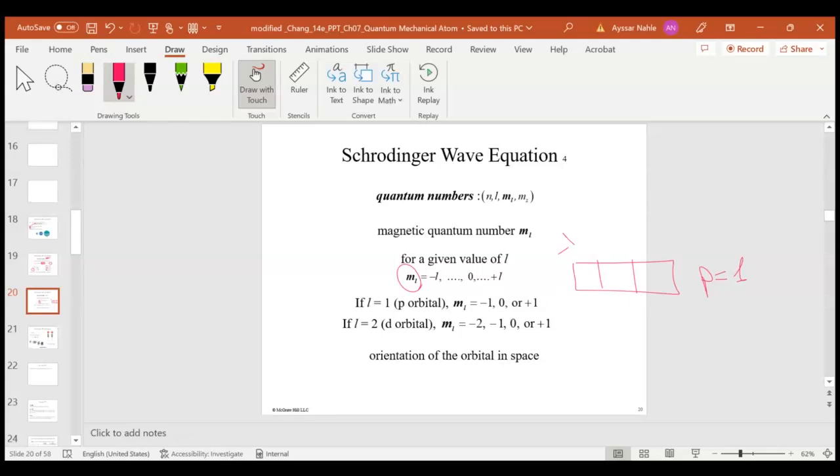It goes from minus 1, passing through 0, up to plus 1. D, which is 2, goes from minus 2, minus 1, 0, plus 1, plus 2. You go from left to right, from minus to plus all the time.